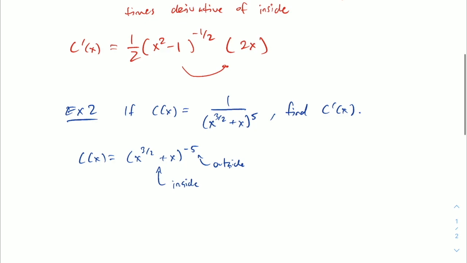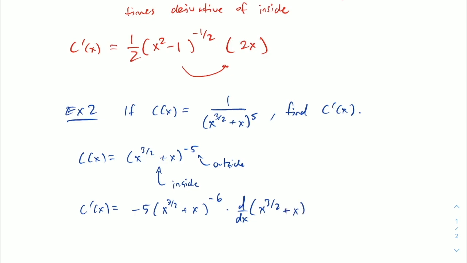So if I take the derivative of this function, I'm going to take the derivative of the outside, so negative 5, leave the inside alone, subtract 1 from the power, so negative 6. Inside is just x to the 3/2 plus x, and then I'm going to multiply by the derivative of the inside function, the derivative of x to the 3/2 plus x.